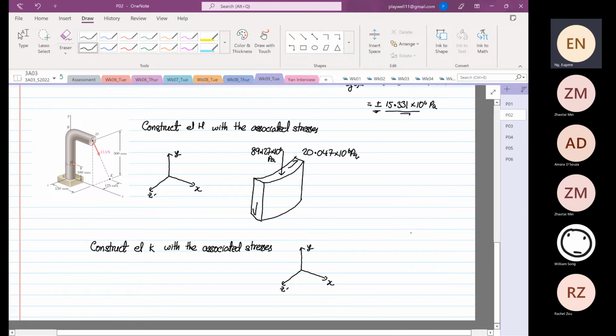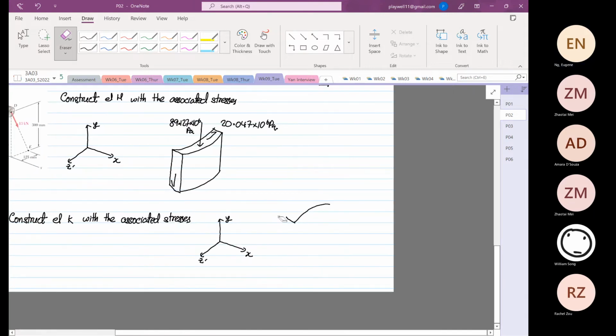So the curvature will look like this. And we know that it has a normal stress coming in the Z direction.